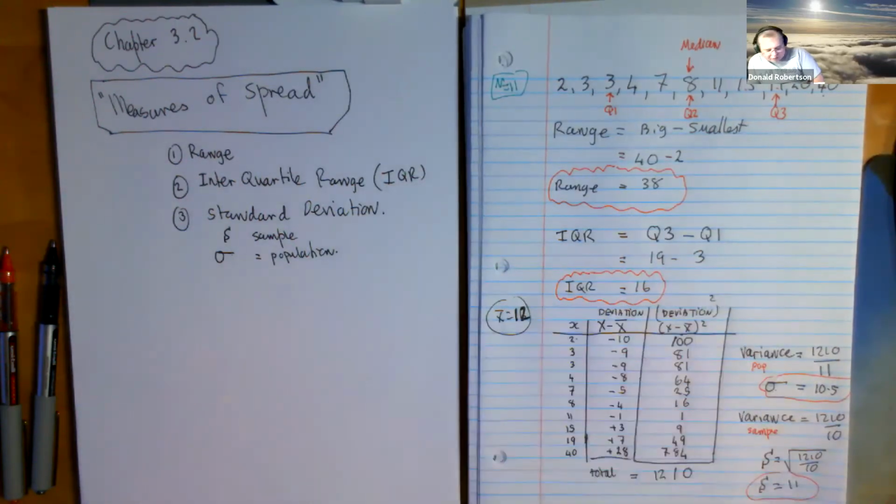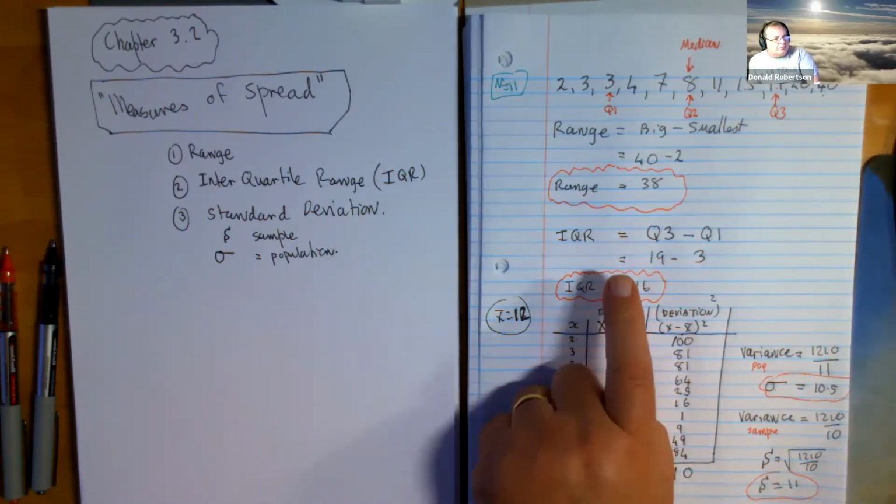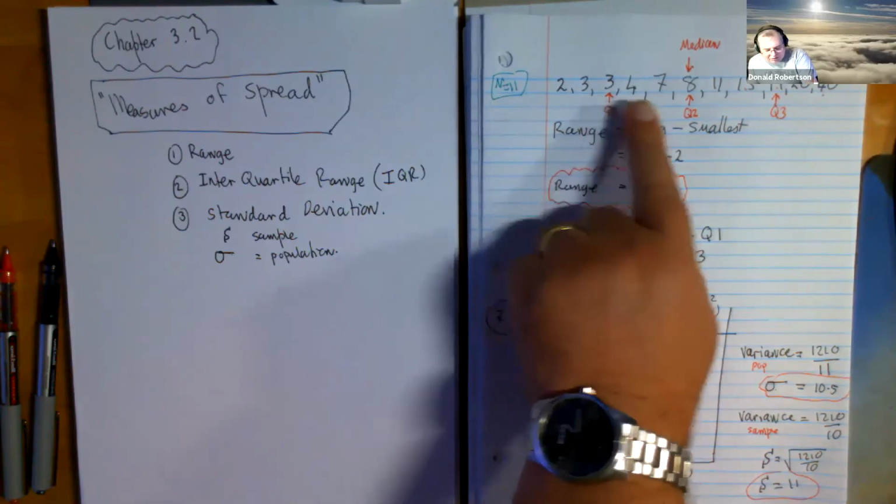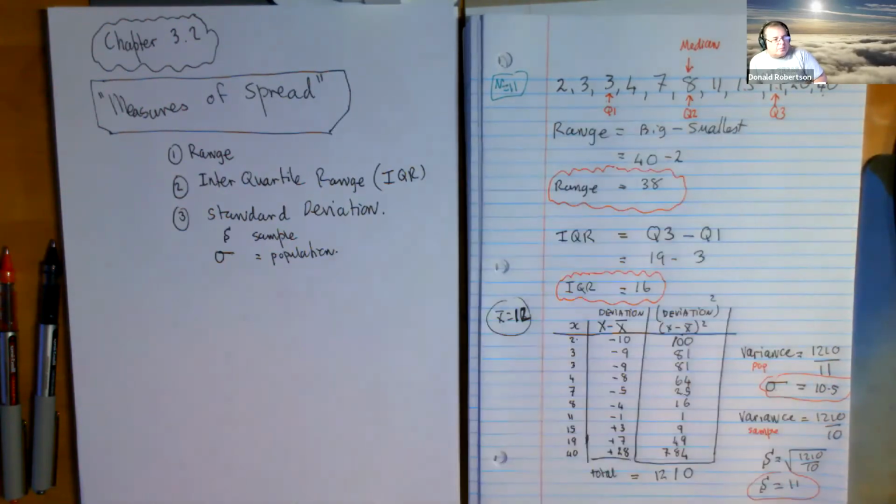The interquartile range, I guess, depends on how many numbers there are, but it's not too bad, right? You could probably do it by hand and not get too bugged, especially if the data was in order. Now, if the data was all jumbled up, that becomes a bit of a workload as well, because won't you have to rewrite the numbers from smallest to biggest before you could even calculate these two guys?